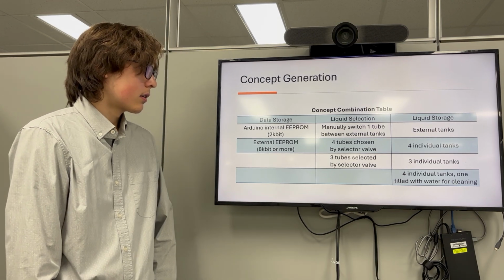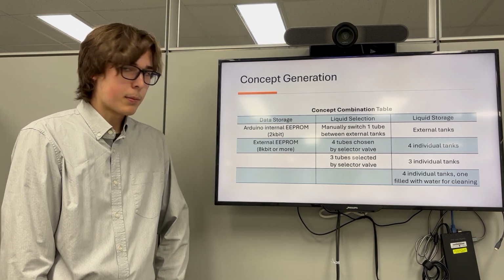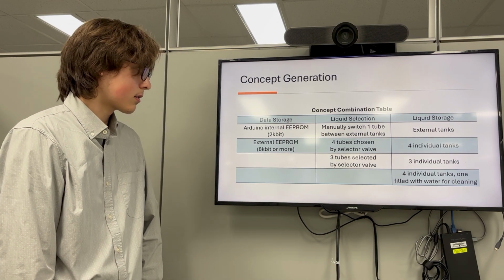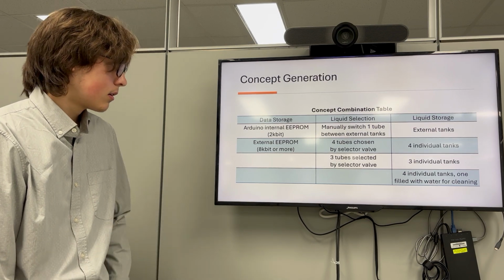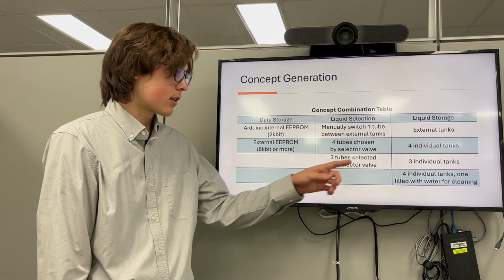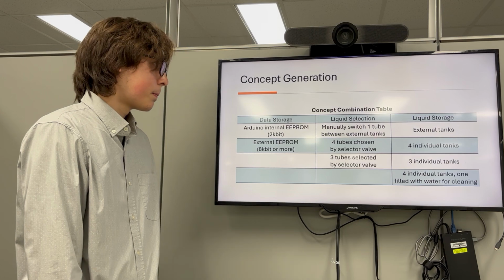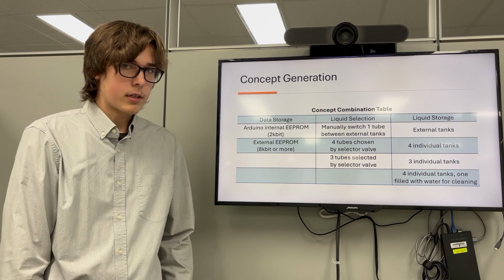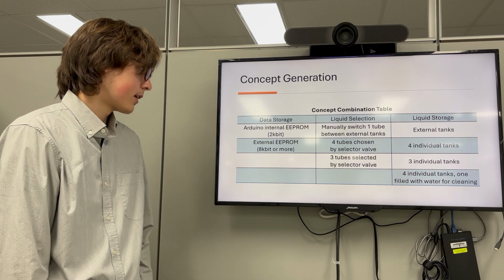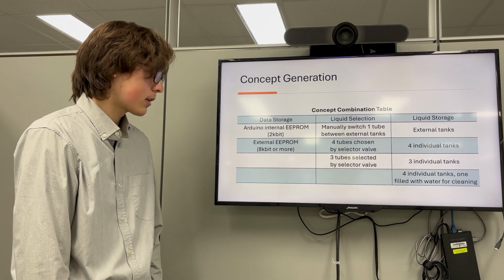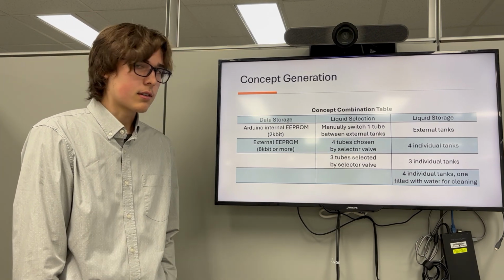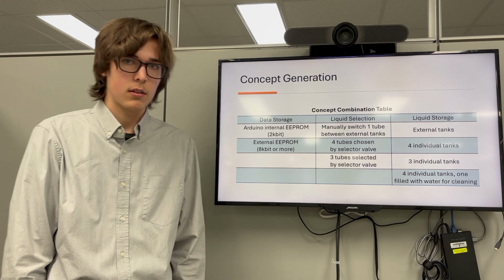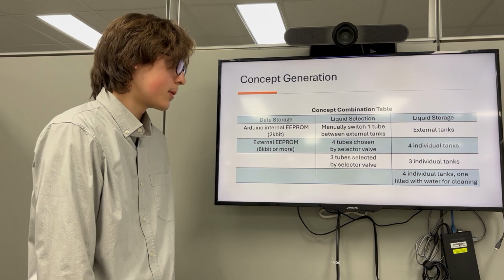From this, we generated a bunch of concepts based on 3 categories: data storage, liquid selection, and liquid storage. The Arduino has an internal EEPROM that can store only 2 kilobits of data, which is not enough to store all of the cocktails recognized by the IBA.